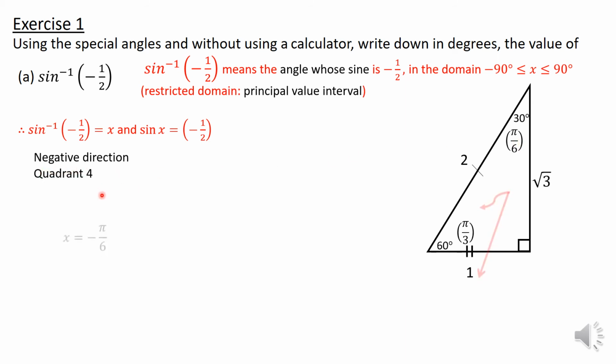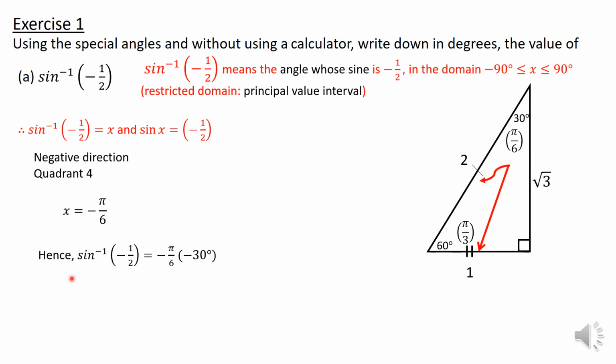It will be in the 4th quadrant, so that angle will be minus 30 degrees, or minus pi upon 6 radians. So the inverse sine of -1/2 is equal to minus 30 degrees. As simple as that. The red arrows indicate the opposite over the hypotenuse, and that is how you determine the sine function, or the sine ratio.